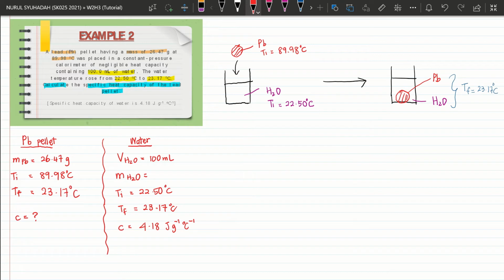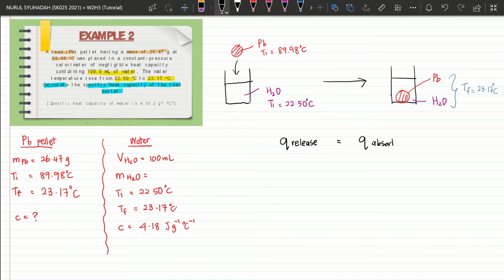23.17 degrees Celsius. Now, to answer this question, since we have two different components, we need to know which one will absorb energy and which one will release energy. So this is a question where you need to use Q release equals Q absorb.